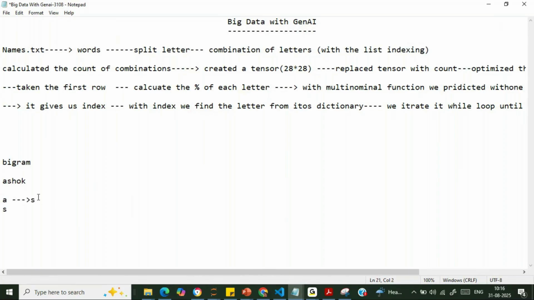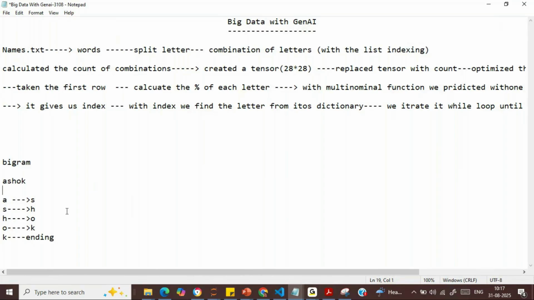If I'm providing s, the model will predict h, if I'm providing h, it will predict o, and if I'm providing o, it will predict k. This is how this model is working. And k is nothing but the ending character.